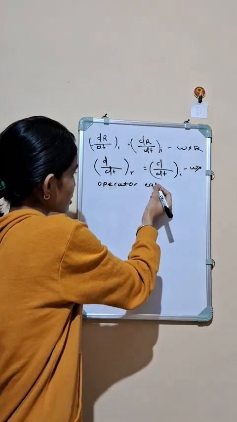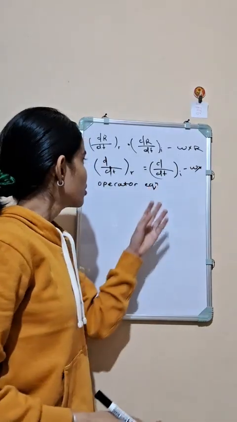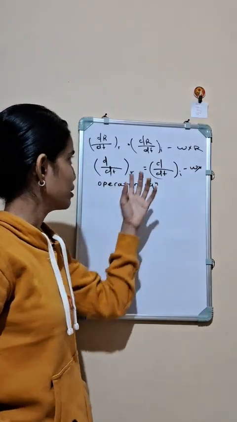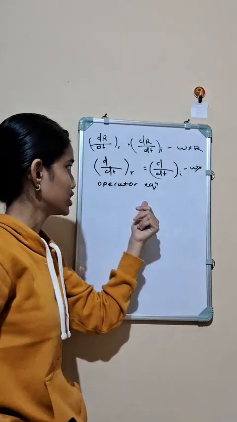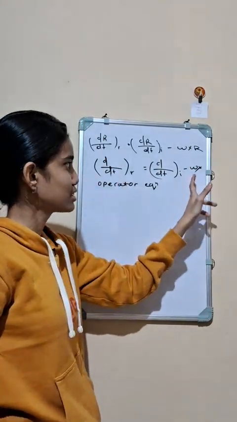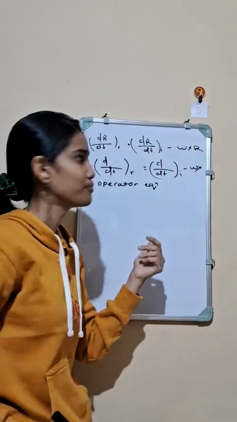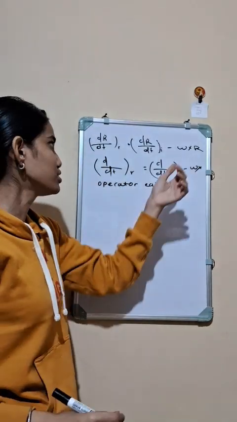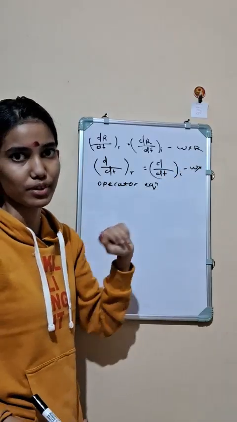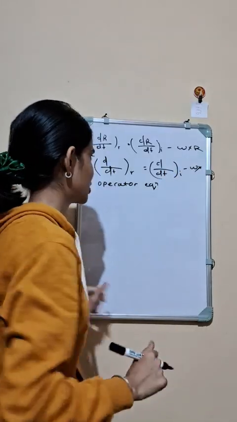What is this? This is an equation where we can put variables instead of r, such as velocity or acceleration, and see this equation work. So this is true for all other variables including r, such as velocity and acceleration.